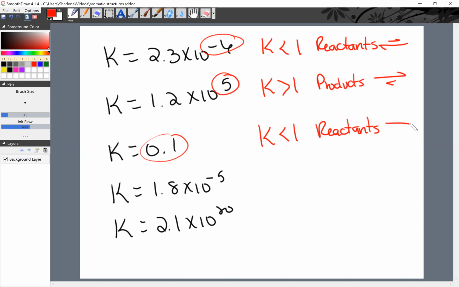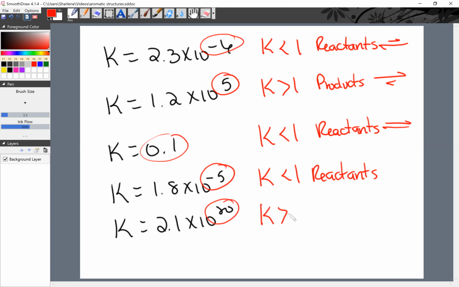Then the -5, K is much smaller than 1, so reactants. And then this K, wow, much larger than 1, so products. So the further away from 1 you get, the less it's in true equilibrium. So one side is favored highly over the other. And that is the magnitude of the equilibrium expression.